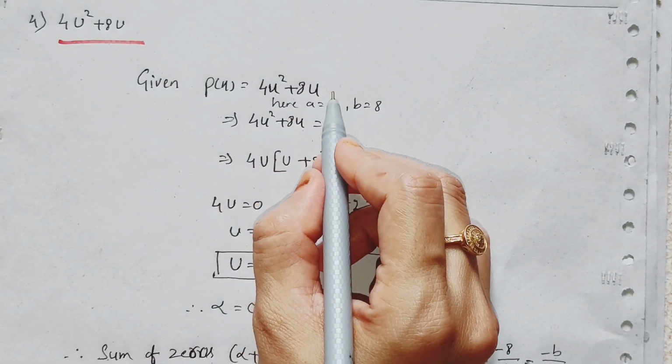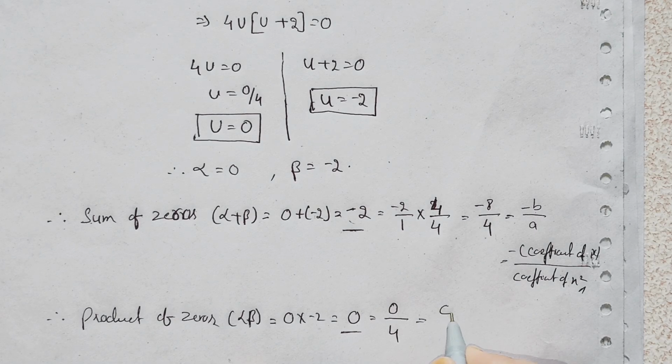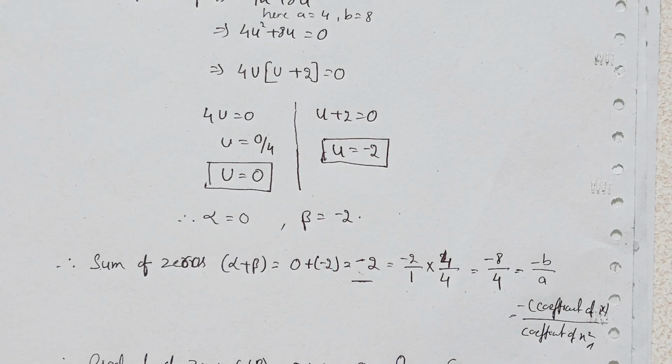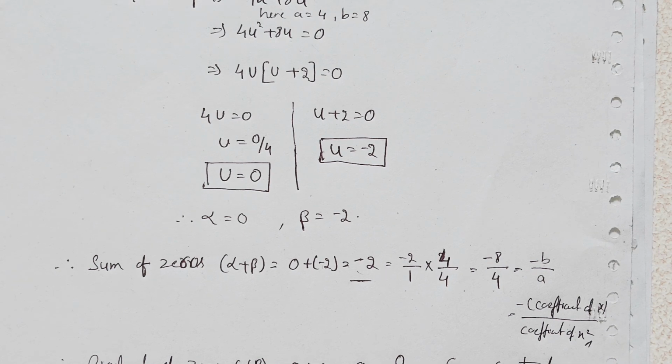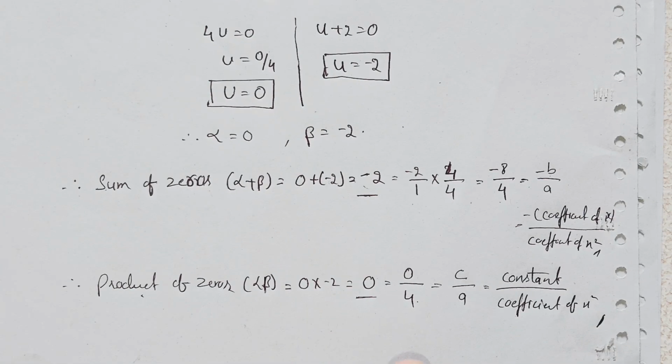Here the constant is not given, which is c. So in the place of 0 I can write c, and 4 is nothing but a. So the product of zeros formula is c by a, which is constant by coefficient of x square. Okay guys, this is the answer for this fourth one.